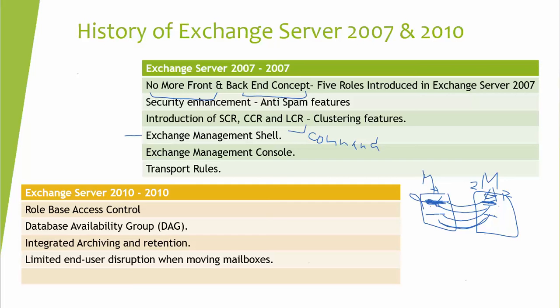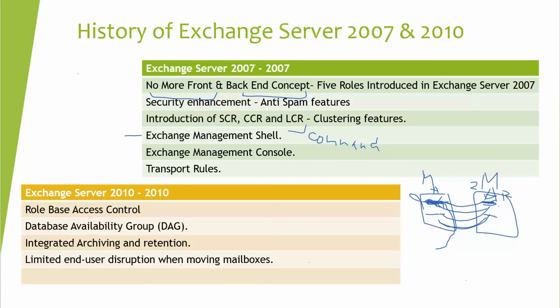So users will still be connected to their database, and they will not face any downtime, because DAG is working fine and just providing the database services without any interruptions. So that was one of the good things with Exchange Server 2010.